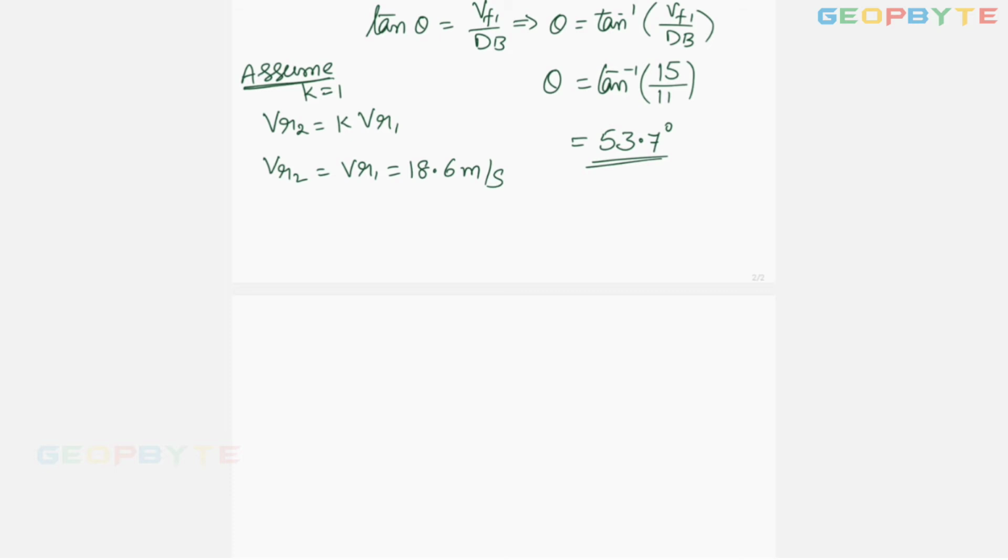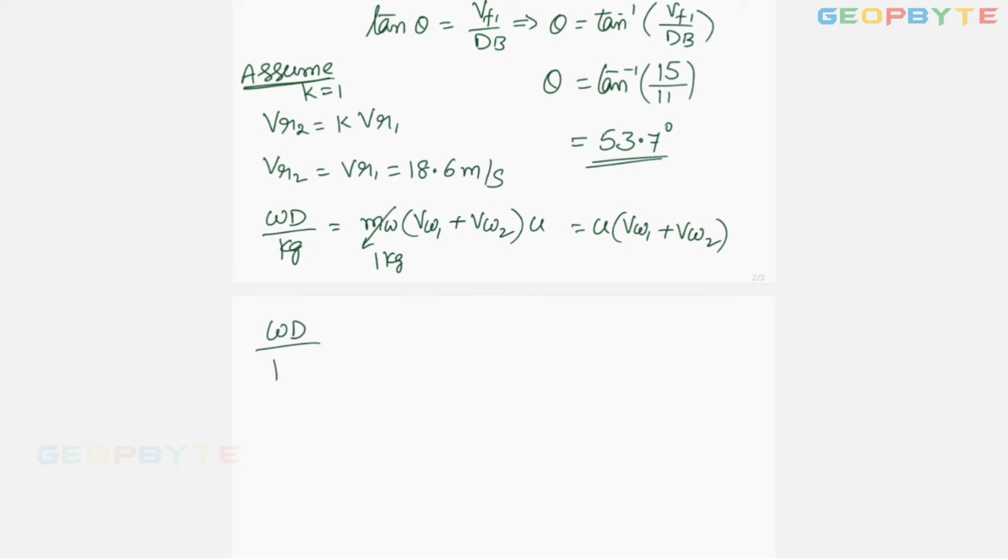After getting the VW2, work done per kg equal to mass of the water into VW1 plus VW2 into U. You take the mass of water 1 kg. So it is equal to U into VW1 plus VW2.